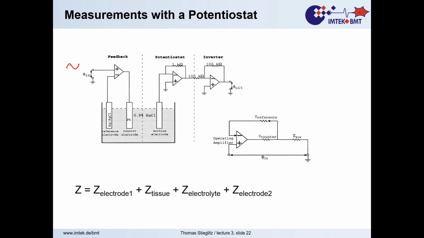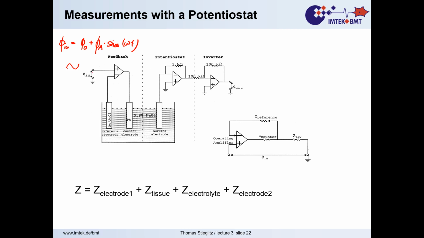But we could also have that sine wave, let's say 50 millivolts or 10 millivolts, and we could also add a DC potential if you want to shift that. But that gets very complex then.